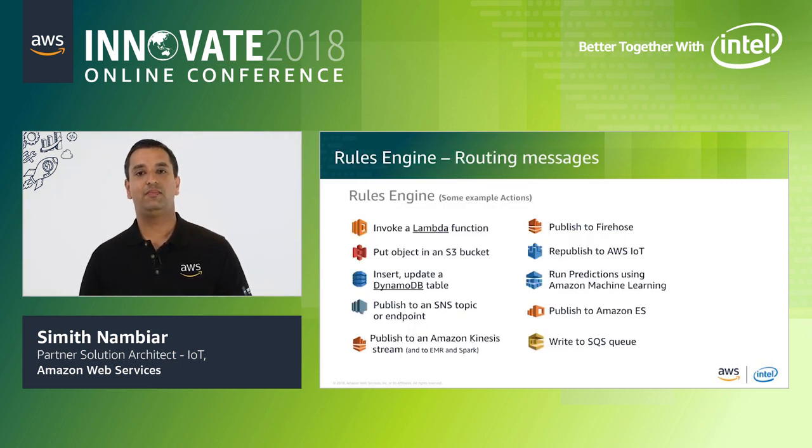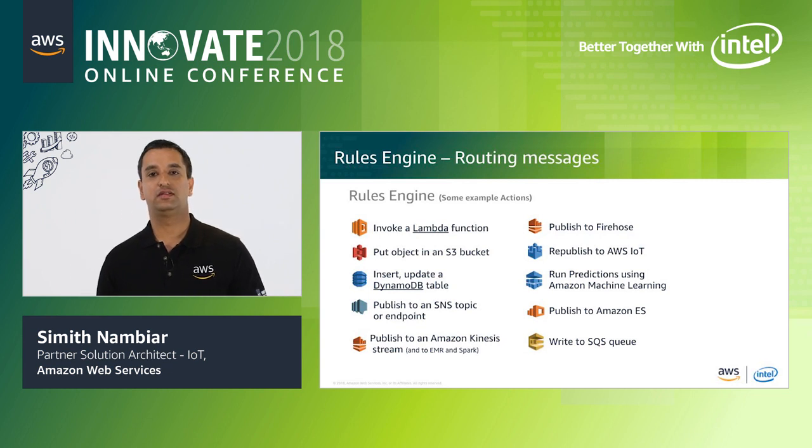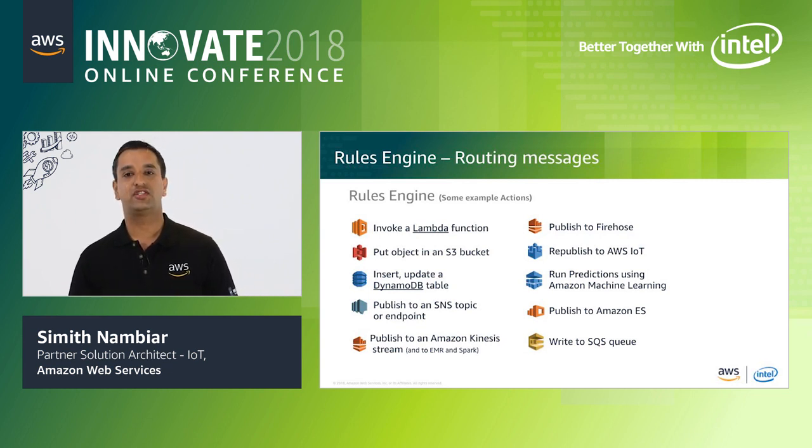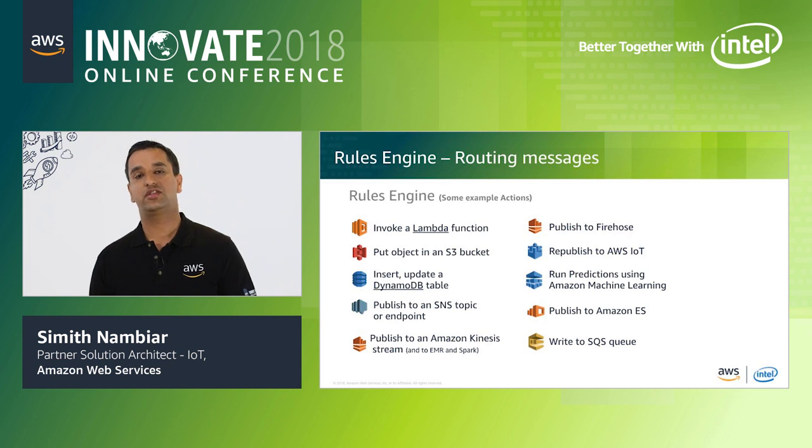Rules give your devices the ability to interact with AWS services. Rules are analyzed and actions are performed based on the MQTT topic stream.